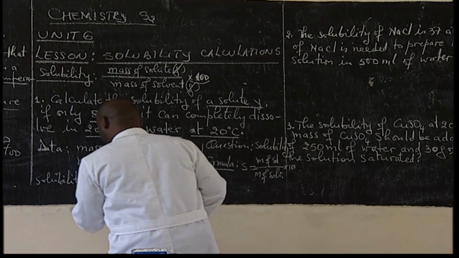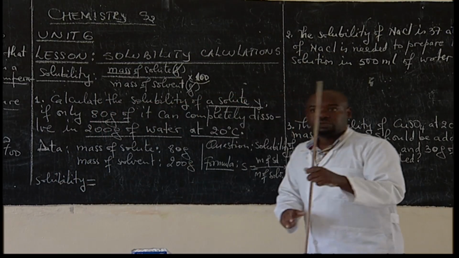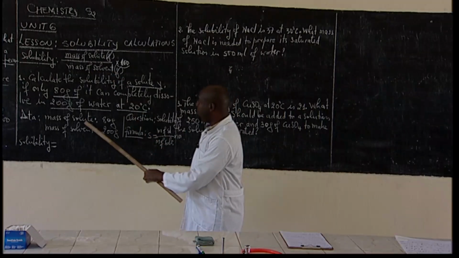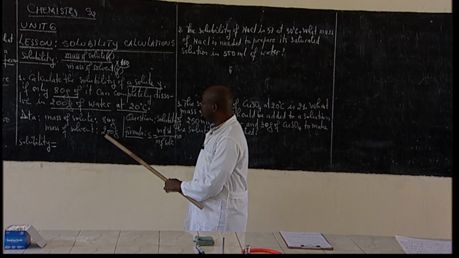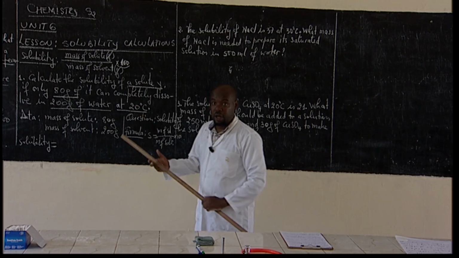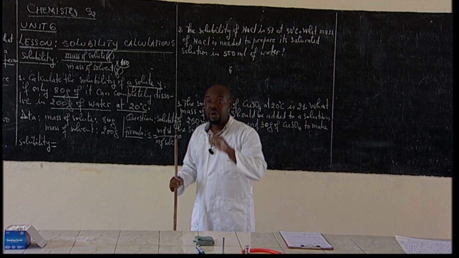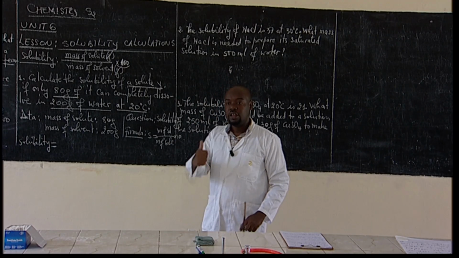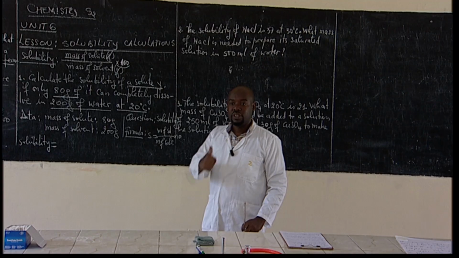Try and make a substitution. We have the formula, the mass of solute and the mass of solvent. So try and make this substitution and use your calculators to find the final answer. 10 seconds, please.